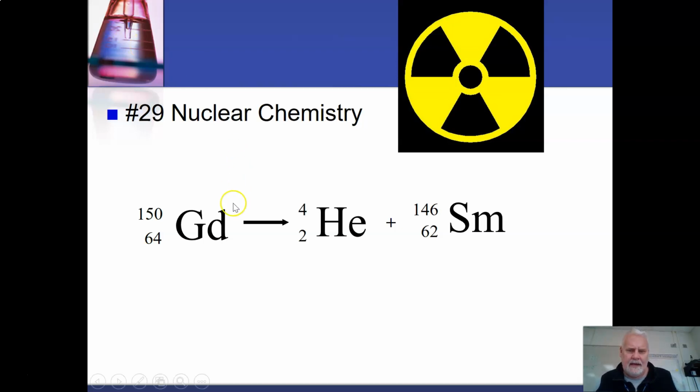Remember that you get new atoms forming when you do this, and this one happens to be alpha particle emission. That's what these nuclear chemicals do. They actually give off little particles. We set up one year where we could actually see the alpha particles coming off of the radioactive substance. It was really quite interesting.